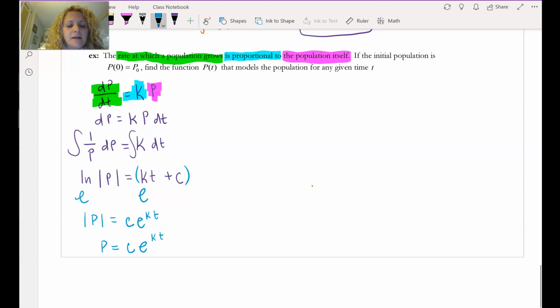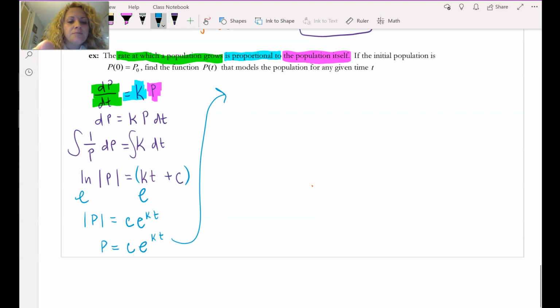So we get this equation. We solve for P. We do need to go back in and plug in our initial condition. So for our initial condition, when t is 0, P is P sub 0, or I might even read that as P naught.